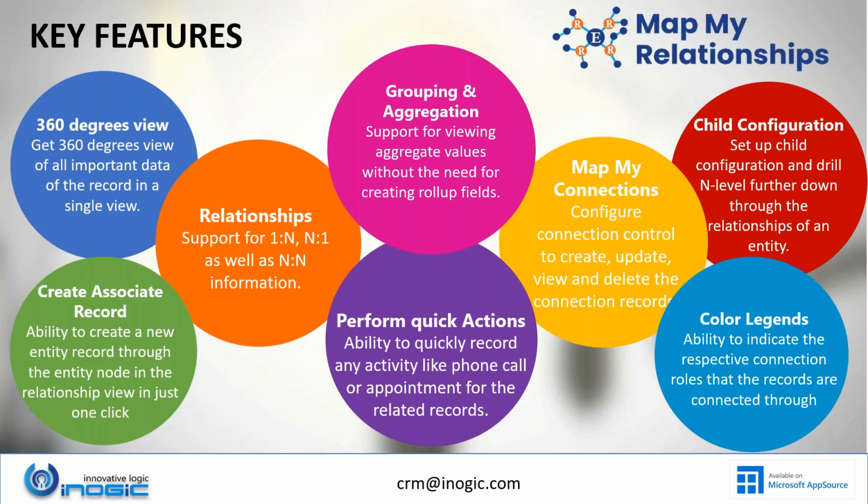Map My Relationships supports one-to-many, many-to-one, as well as many-to-many types of relationships. So we have got it all covered for you. Map My Relationships also supports viewing aggregate values without the need for creating any roll-up fields.